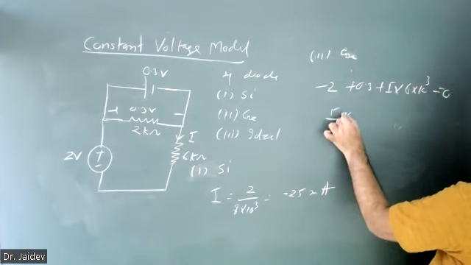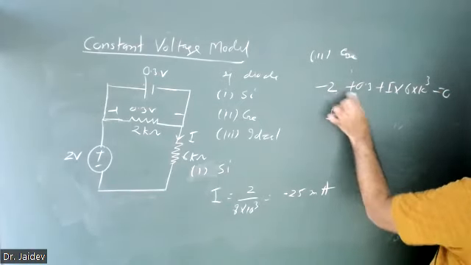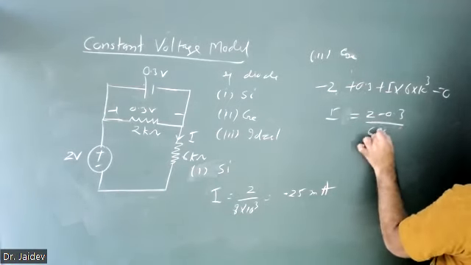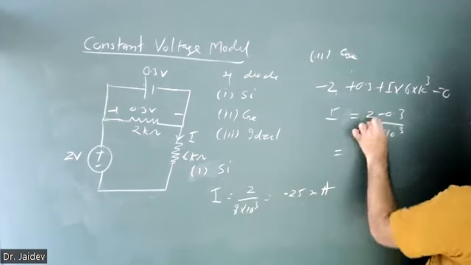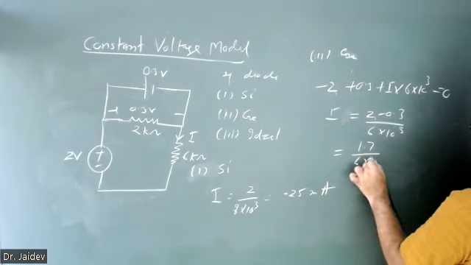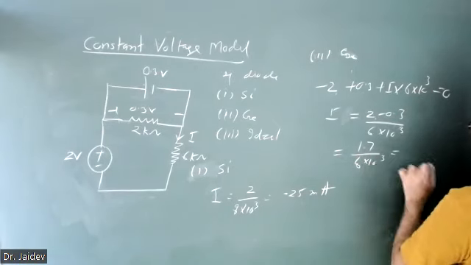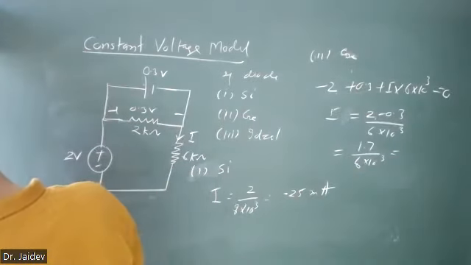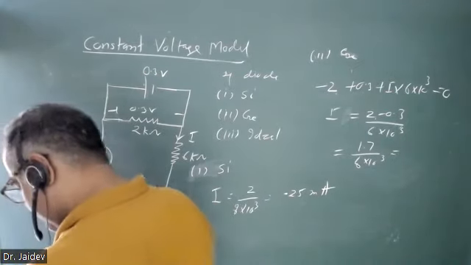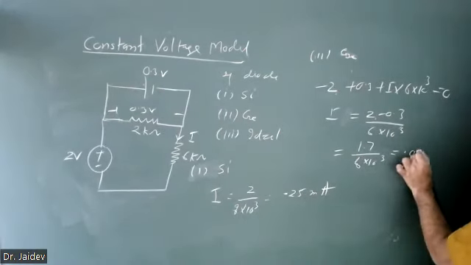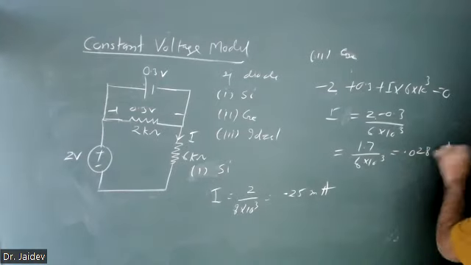So your I will be (2 minus 0.3) divided by 6 kilo ohm, that is 1.7 divided by 6 into 10 raised to power 3. How much will it be? 0.28 milliampere. Yes, sir. This is the answer.